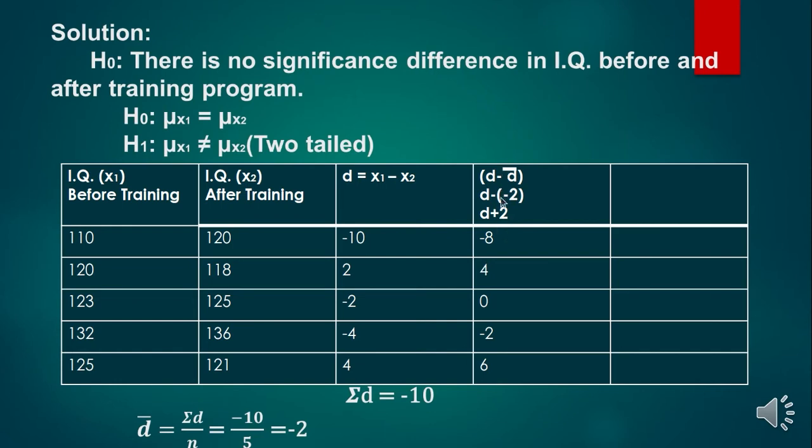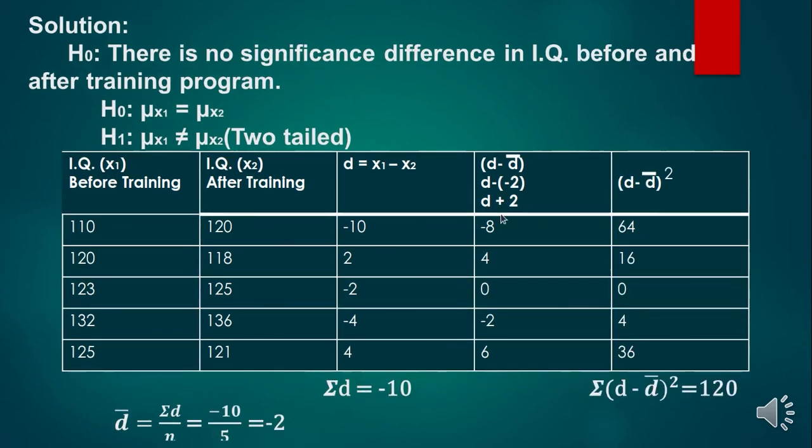For the first candidate D is minus 10, so minus 10 plus 2 is equal to minus 8. 2 plus 2 is 4, minus 2 plus 2 is equal to 0, minus 4 plus 2 is equal to minus 2, and 4 plus 2 is equal to 6.